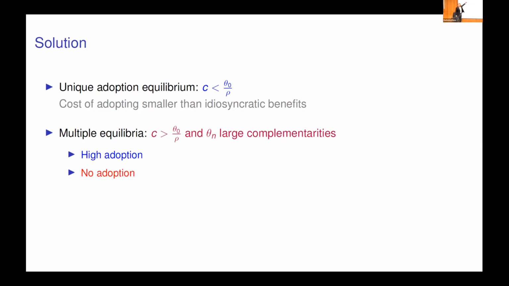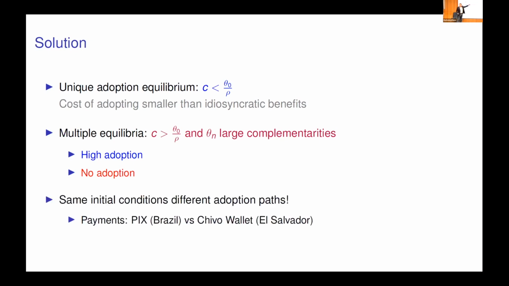So you have an equilibrium where people adopt and an equilibrium where people do not adopt. So think about this. You're deciding whether you adopt this technology or not. You look ahead, and you don't expect people to adopt this technology. Well, then you're trapped in a no adoption equilibrium. But if you look ahead and you think people are going to adopt in the future, you can go to a high adoption equilibrium. Why is this relevant?